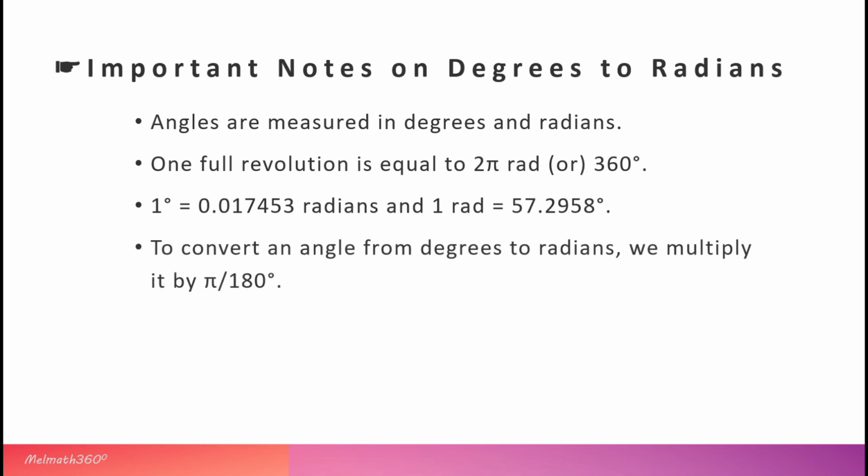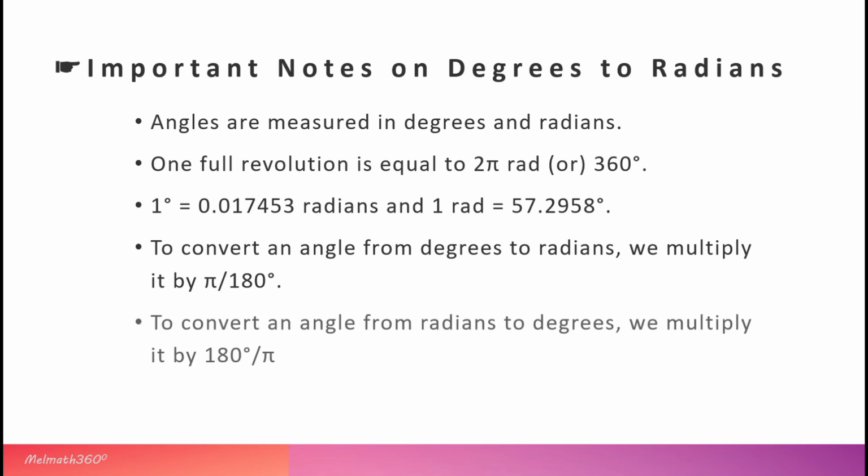To convert an angle from degrees to radians, we multiply it by pi over 180 degrees, and to convert an angle from radians to degrees, we multiply it by 180 degrees over pi.